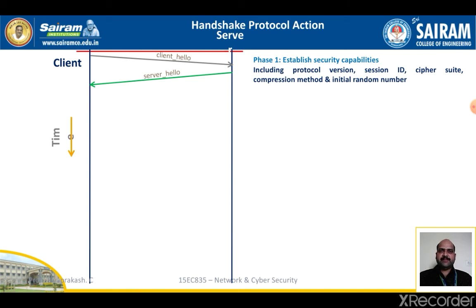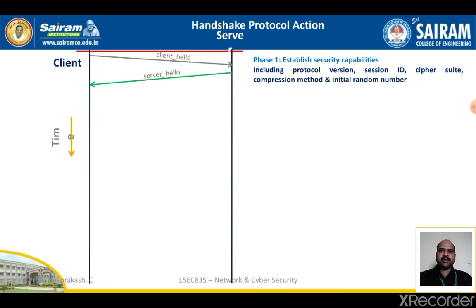The first element of the cipher suite parameter is the key exchange method, that is, the means by which the cryptographic keys for conventional encryption and MAC are exchanged. For example, it may be the RSA algorithm, fixed Diffie-Hellman, ephemeral Diffie-Hellman, or anonymous Diffie-Hellman, followed by the cipher algorithm and the MAC algorithm.